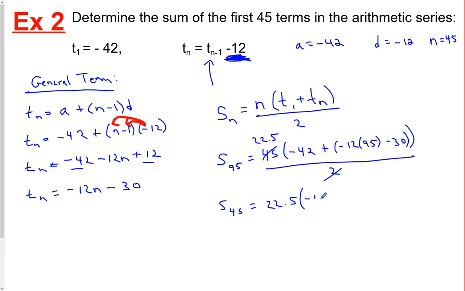Okay, so we got negative 42. Now, I notice my general term is all in the brackets here, right? So I've got negative 12 times 45. That's giving me negative 540. And then I've got another 30 subtracted. Whew. It's going to be a big negative number.